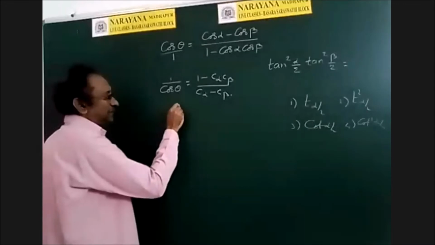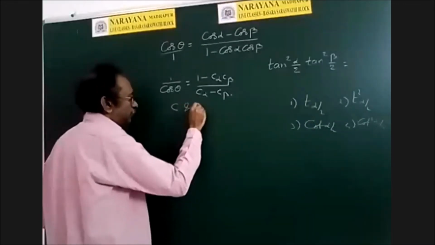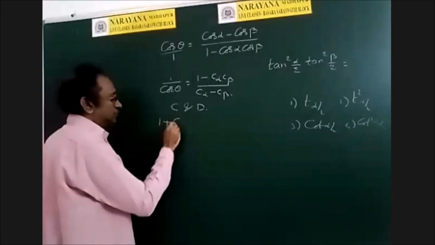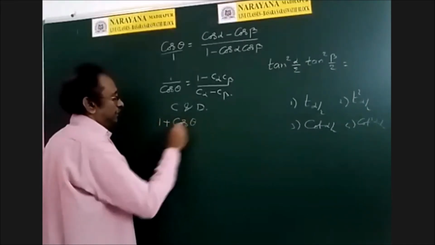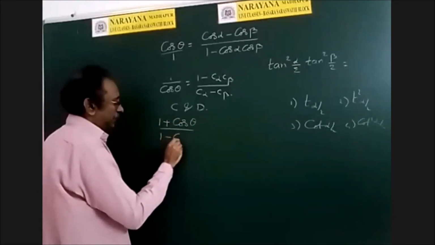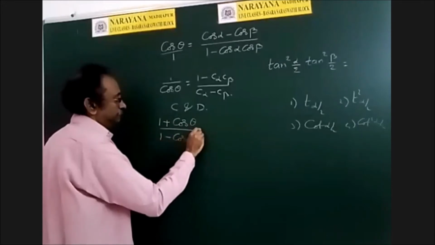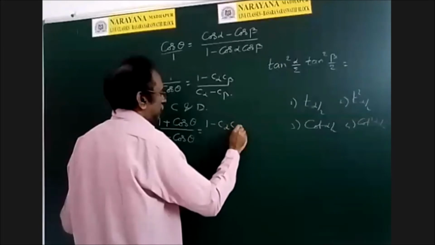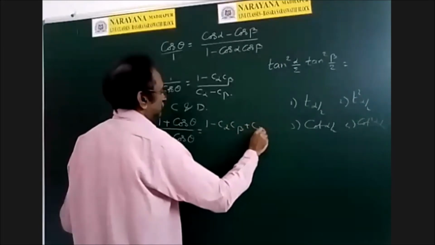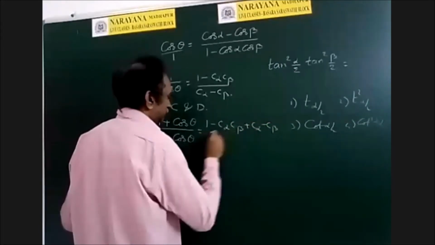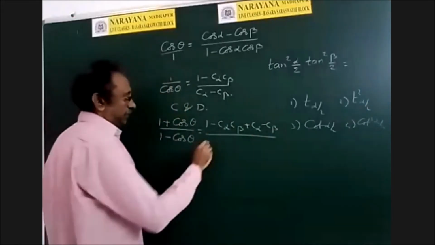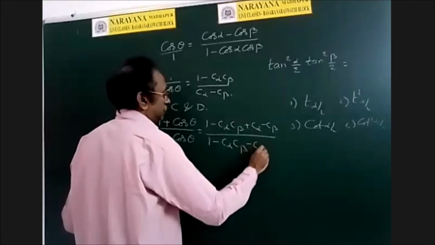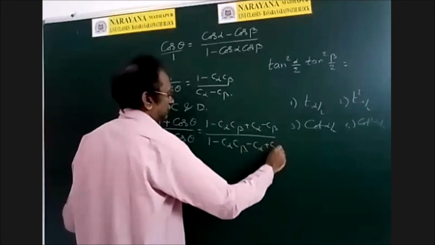And now what is the formula I am going to apply? Componendo and dividendo. So 1 plus cos theta by 1 minus cos theta is equal to 1 minus cos alpha cos beta plus cos alpha minus cos beta, whole by 1 minus cos alpha cos beta minus cos alpha plus cos beta.